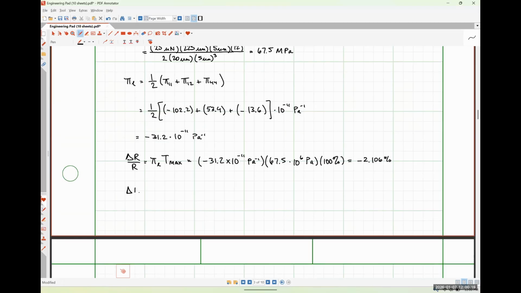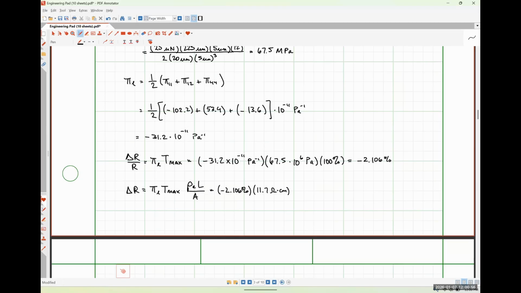So the change in resistance is just going to be pi L times sigma max, which is our fractional change, times rho L over A, which is just our nominal resistance. So that would look like negative 2.106% times 11.7 ohm-centimeters.